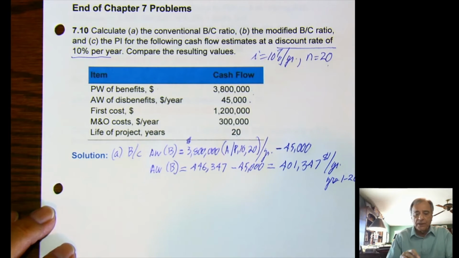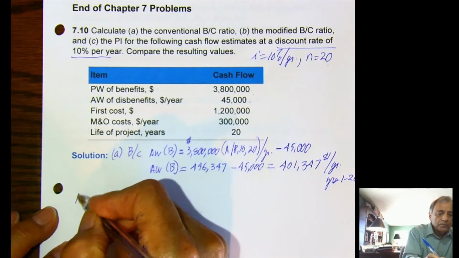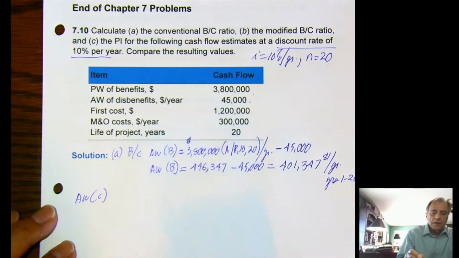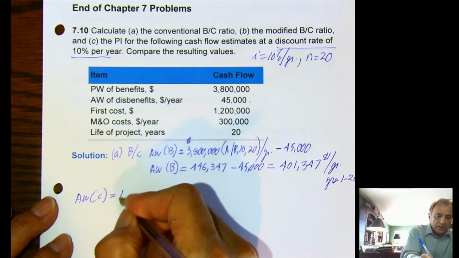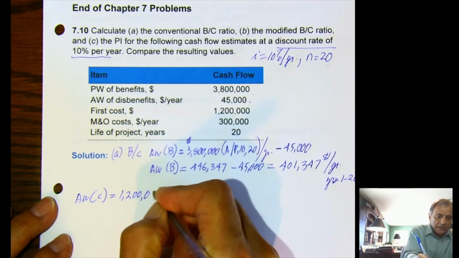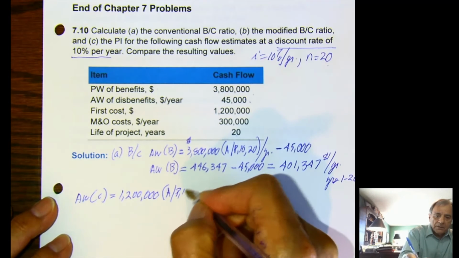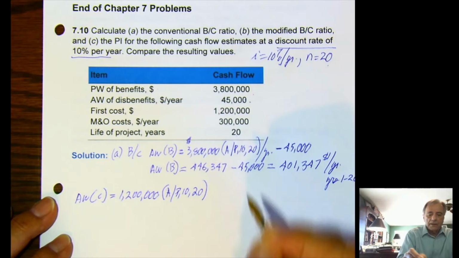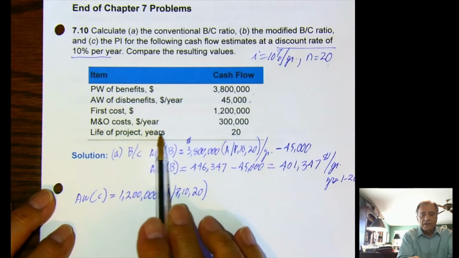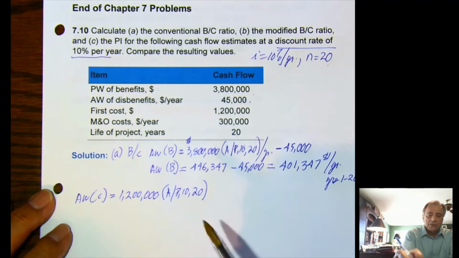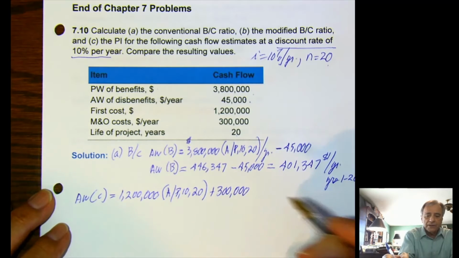That's our numerator. We need to do the cost. The annual worth of the cost, and we have an initial cost of 1.2 million, 1,200,000 times A given P, 10% for 20 years. That will become dollars per year now for 20 years, years 1 through 20. We have an M&O cost, which is also a cost, so we'll add that, 300,000, and that's dollars per year as well.